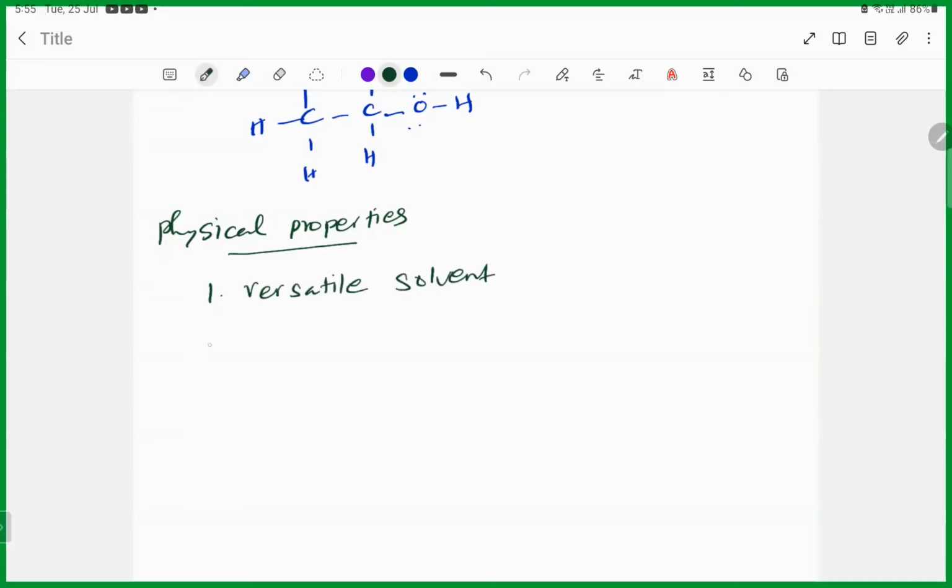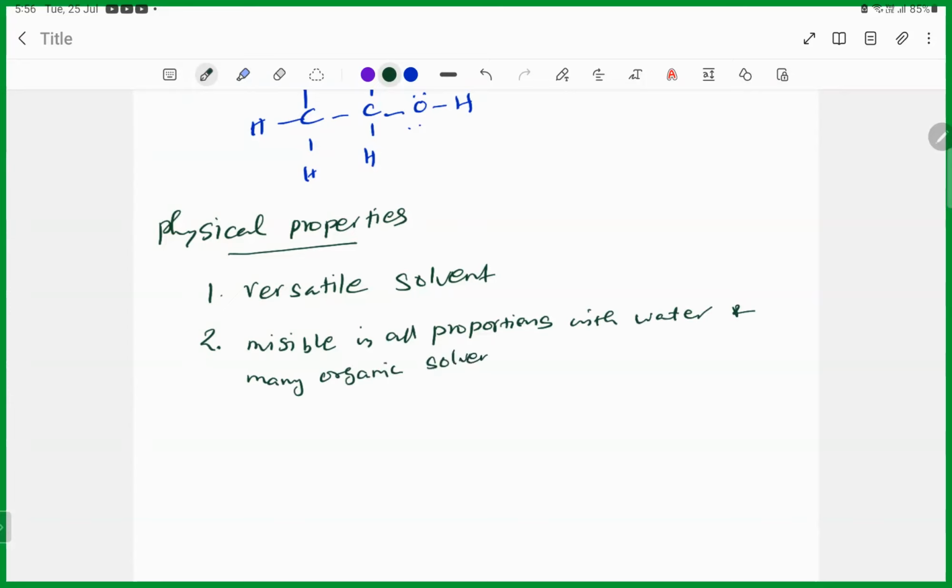Number 2, it is miscible in all proportion with water and many organic solvents, including acetic acid, acetone, benzene, carbon tetrachloride and chloroform.